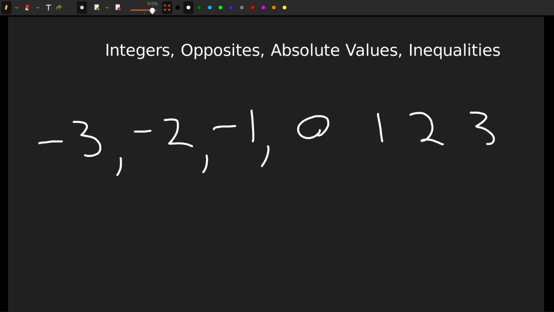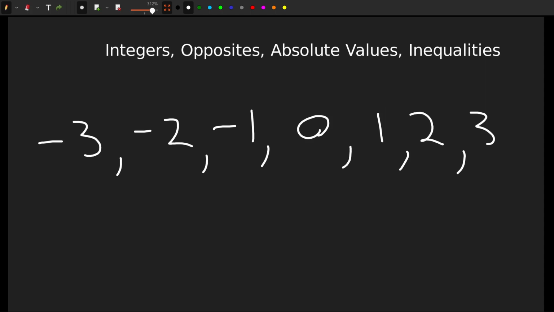Any number that is positive, any number that's negative, and 0 are all integers. And they have to be whole numbers. So you can't have fractions, you can't have decimals, you can't have any number that's a part of a whole. It has to be a whole number.